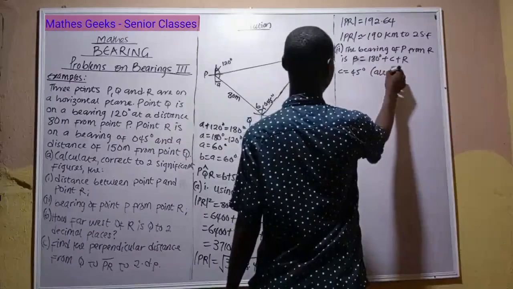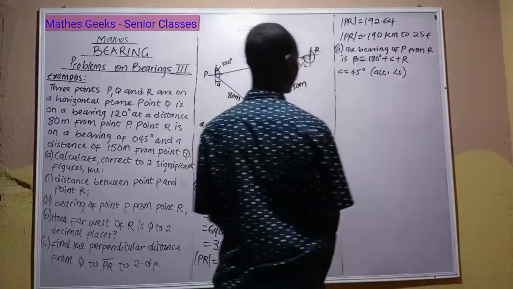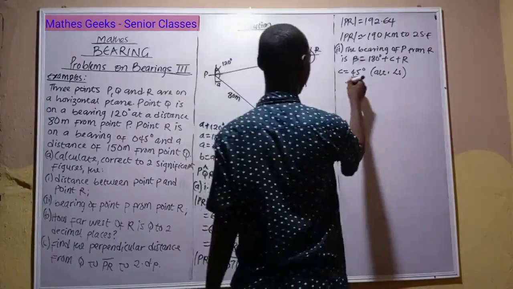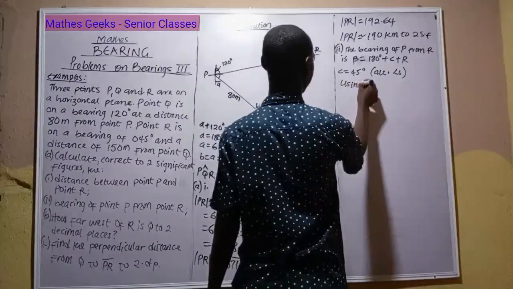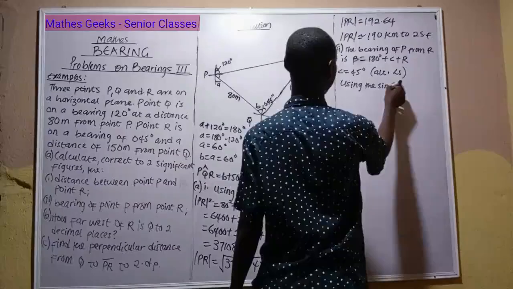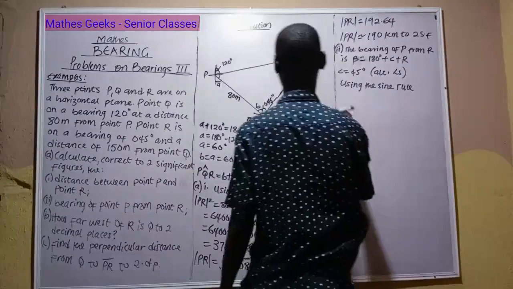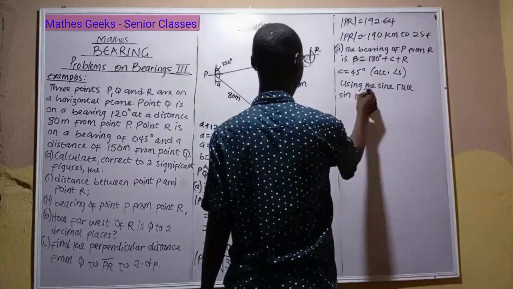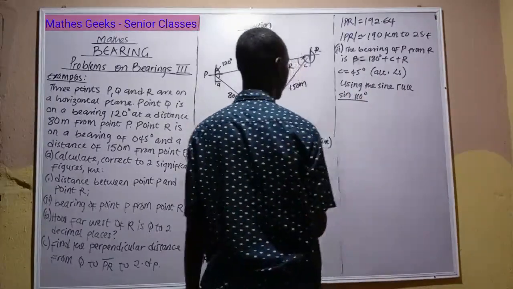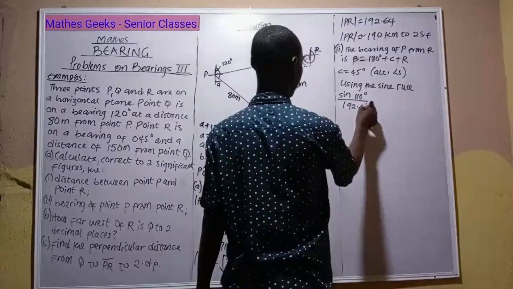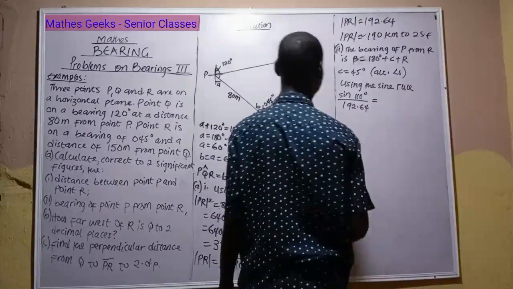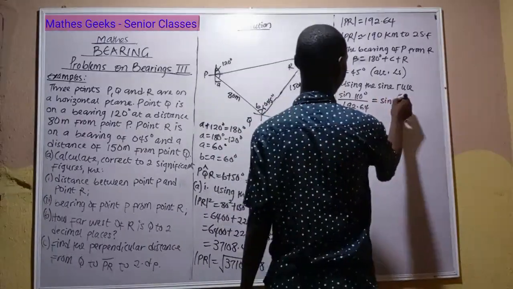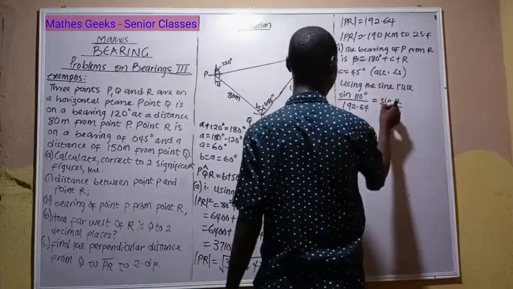Why? Alternate angles. Now to get R, we're going to use the sine rule. Sine 110 degrees over 192.64 is equal to sine R over 80.